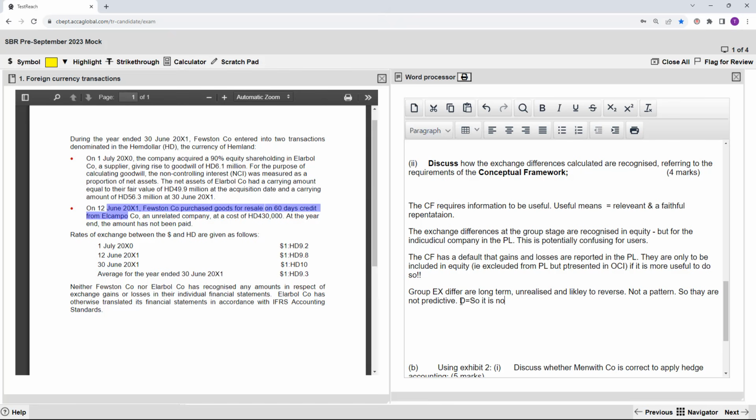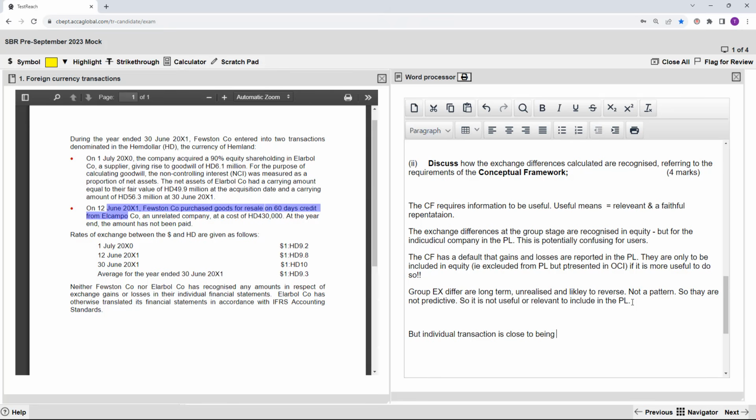So it is not relevant to include them in the P&L. It's not useful to include them in the P&L, because they're not of a predictive nature. Yeah, but the individual transaction is close to being realized.